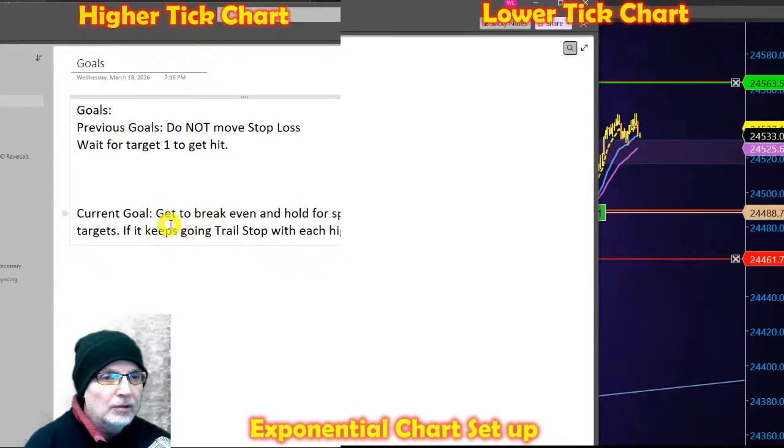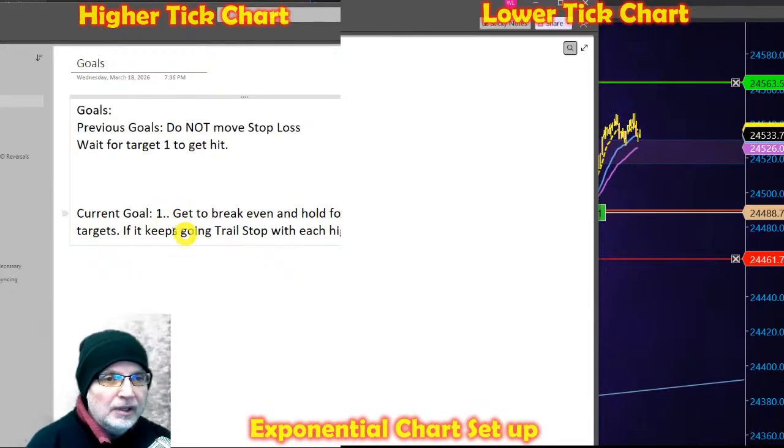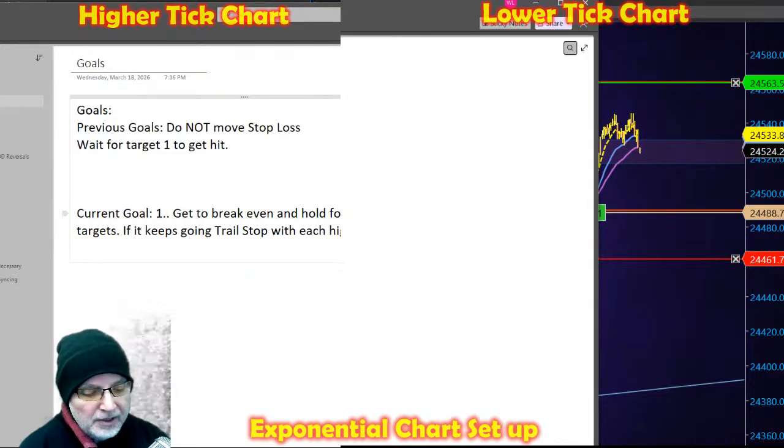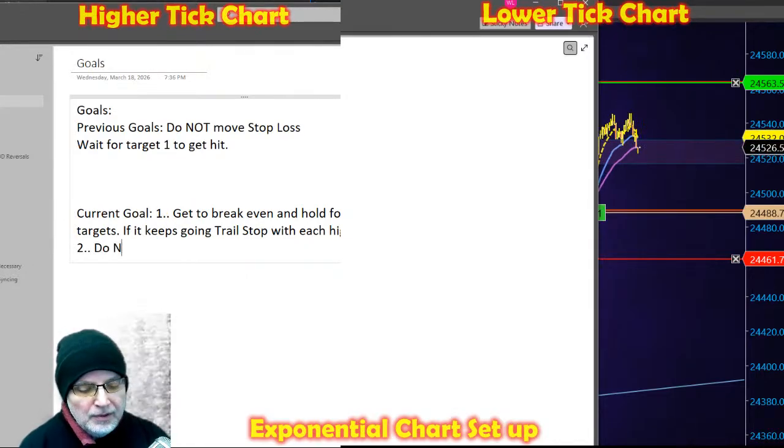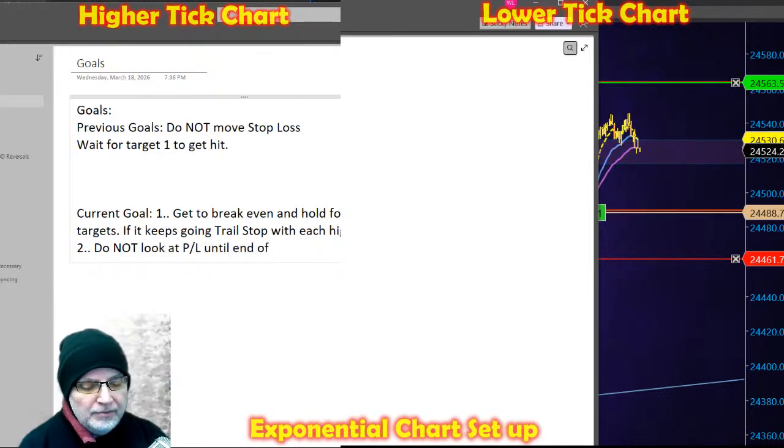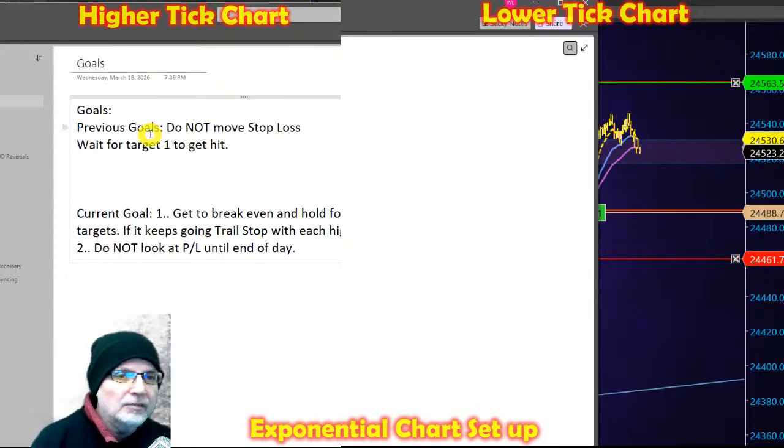Current goal 1. Okay, now I need 2. The second goal is just for me to not look at P&L until end of day. Got it.